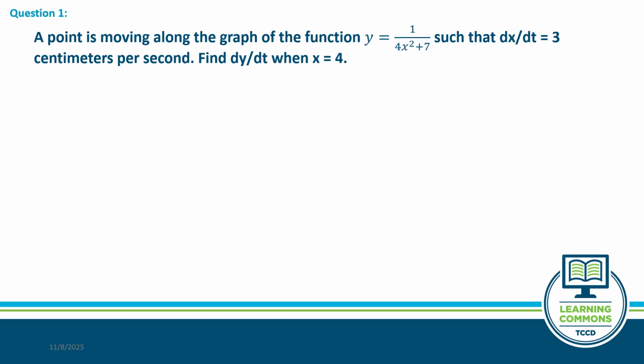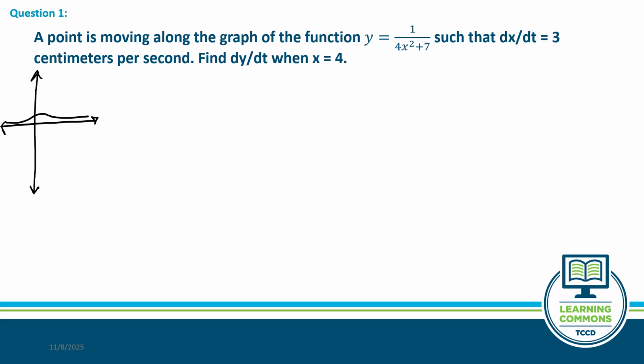A point is moving along the graph of the function such that dx/dt equals 3 centimeters per second. Find dy/dt when x equals 4. So I always suggest you guys draw a picture. You guys know this from session. I always suggest trying to draw something to make your life a little bit easier. Whenever I plug this in Desmos, the graph looks essentially like this. My drawing isn't perfect, but that's kind of what it looks like.